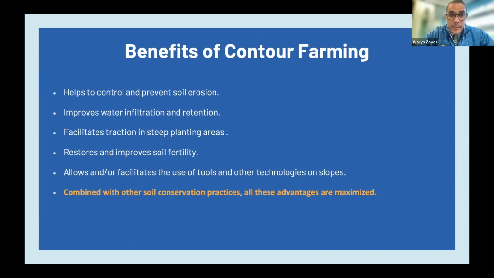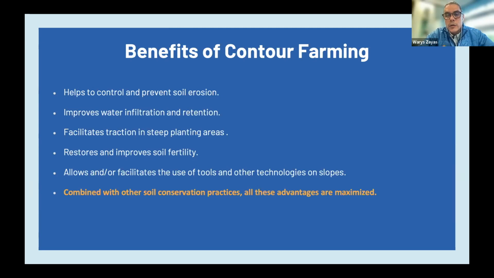As a recap, some of the benefits of contour farming are that it helps to control and prevent soil erosion, and improves water infiltration and retention. Let me stop here and make a parenthesis to go a little deeper into some of those bullets, right? For example, the first bullet says that contour farming helps prevent soil erosion.